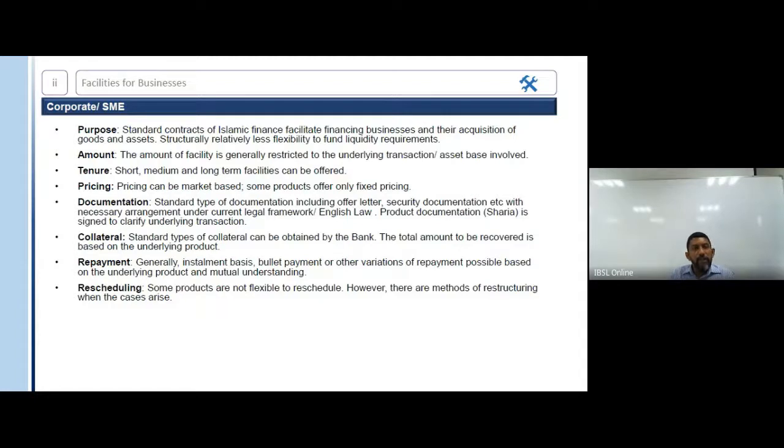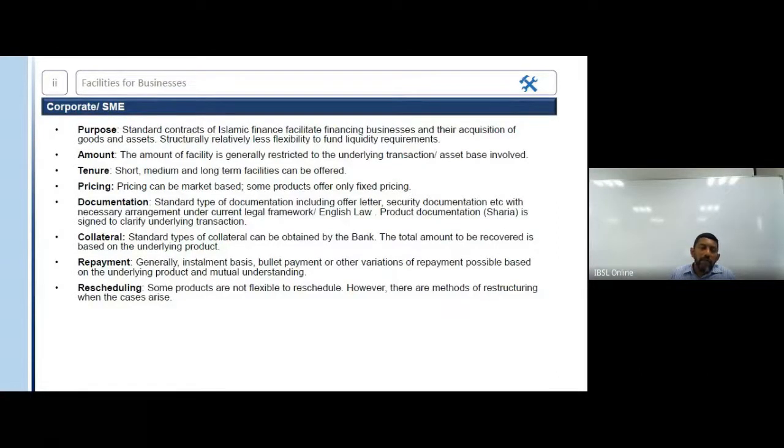First of all, in terms of purposes, I said Islamic finance will facilitate acquisition of goods and assets more. They have relatively less flexibility to fund liquidity requirements. That's the first point. Number two, the amount of facility will be linked to the underlying transaction.